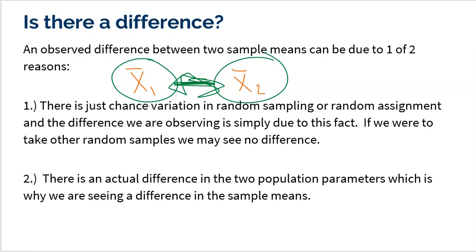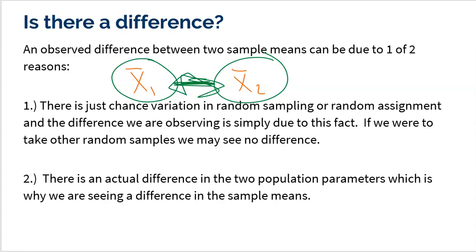I mean, the one thing we've been saying all year long is that the one thing samples do very, very well is that they vary. Samples are always going to vary. So maybe we're seeing some differences between these two samples because it's just natural variation that exists when you sample. They're different because they're just different. It's not anything you're in control over.